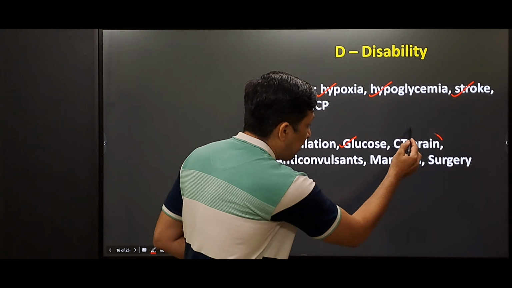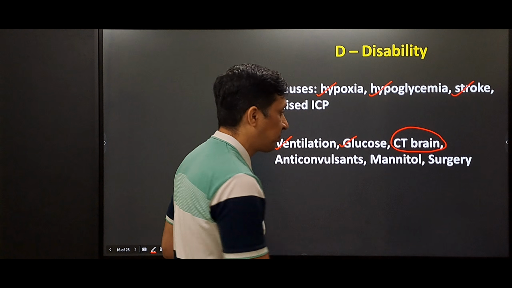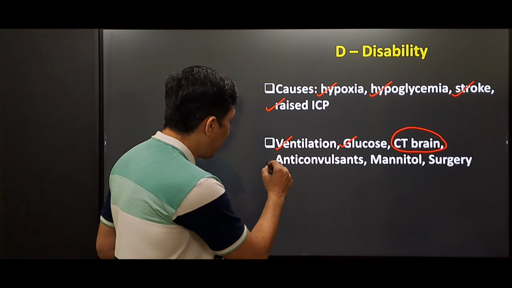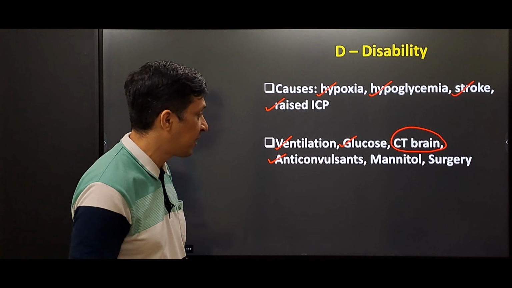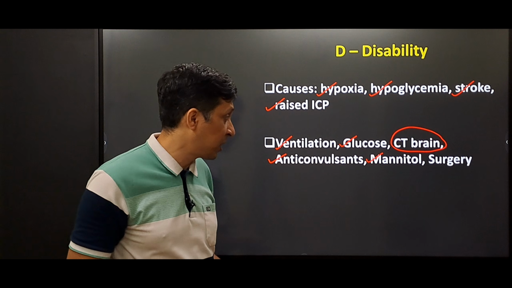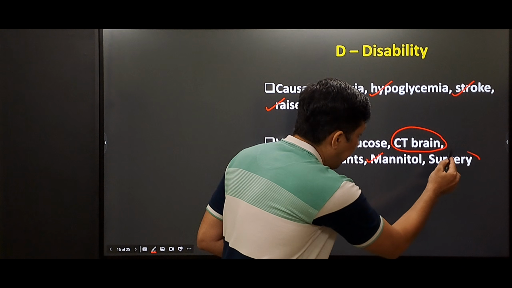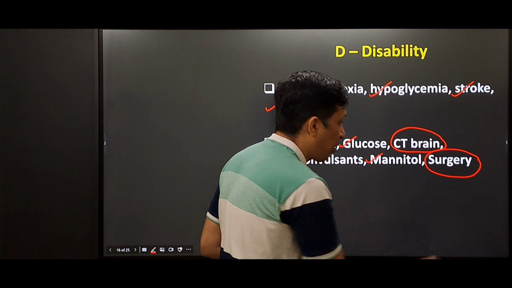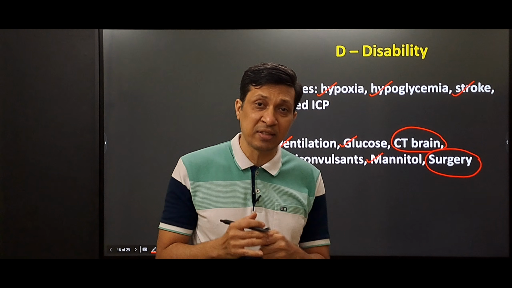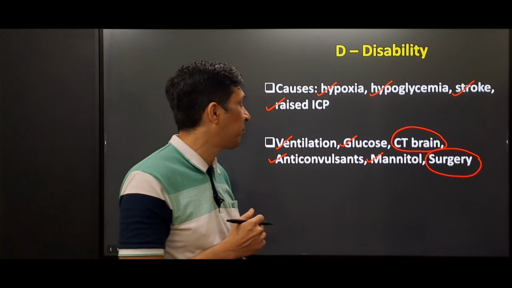CT brain is a very important investigation to be done here. You may have to give anticonvulsants if there is seizure, mannitol if there is raised intracranial pressure, and many times you may have to go for surgery. So friends, in this way the patient's unconsciousness is taken care of.